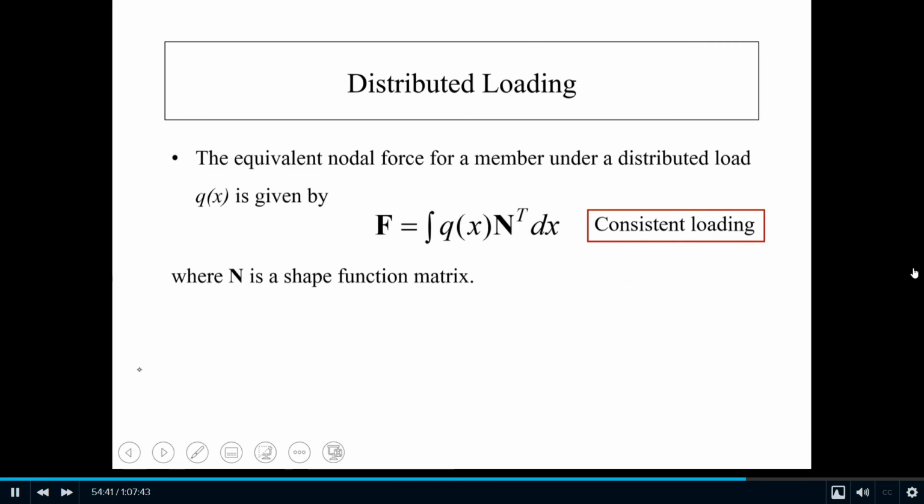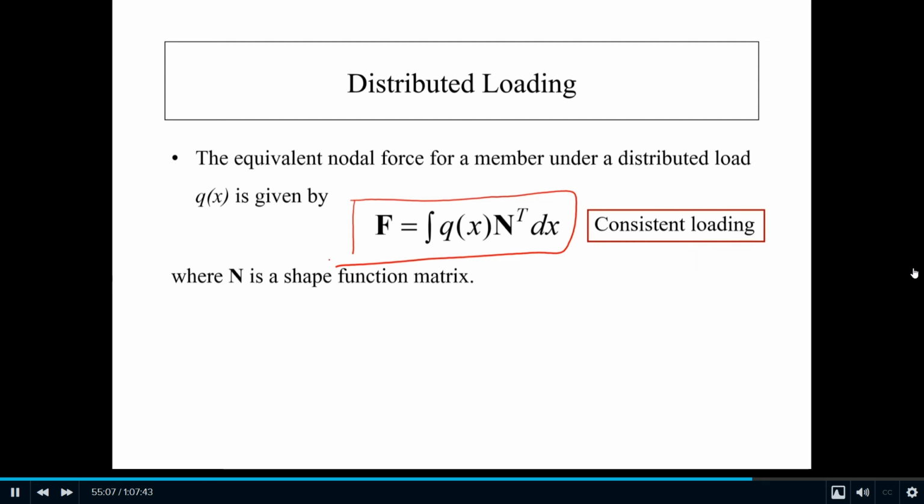Actually, you can do it by applying this equation. Basically, you have to integrate the product between the load and the shape function matrix, and from that, you can obtain the nodal force for the problem.